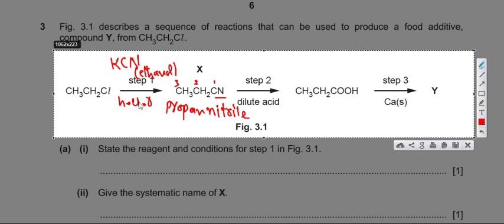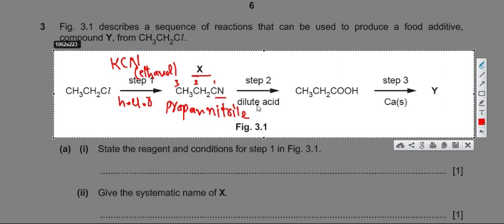If you write just heat, fine enough, but if you write heat under reflux, I think it is better. So by the reaction of chloroethane with KCN dissolved in ethanol, or alcoholic KCN, with heating or heat under reflux, we will get X, which is propane nitrile.